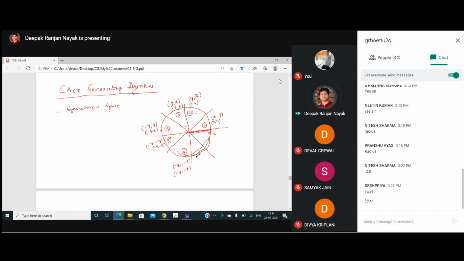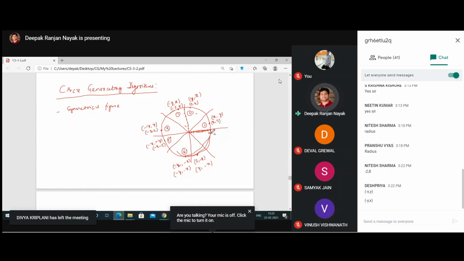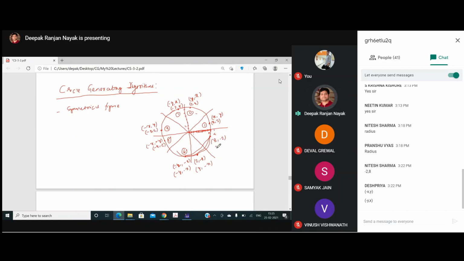Which is nothing but y comma -x. Right. So what about this point? The final point is 8 comma -2, which is nothing but x comma -y. So these are the possibilities.